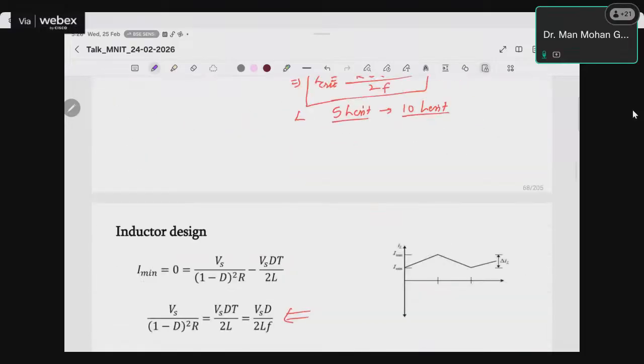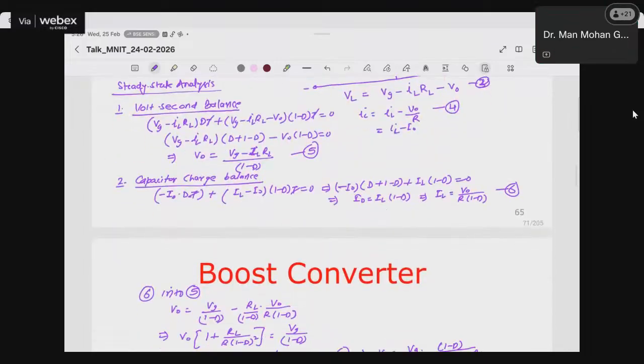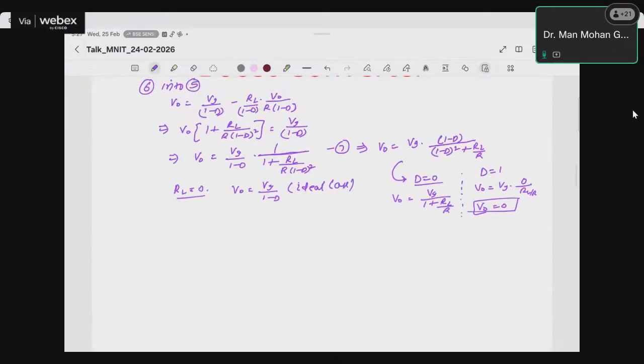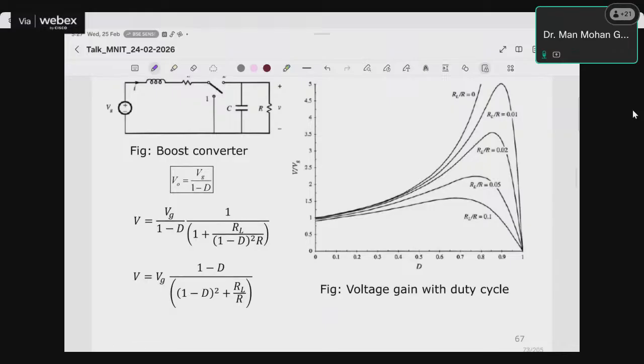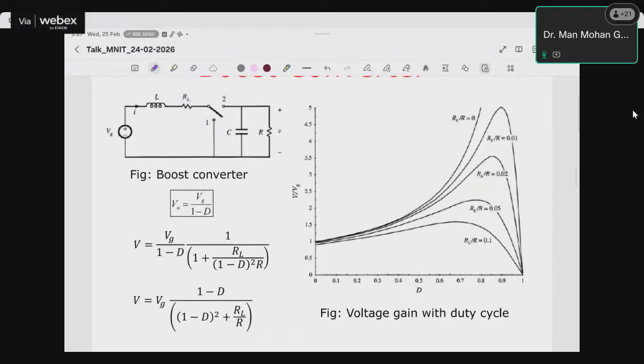But here what we are seeing is that if the duty cycle is 1, then the output voltage becomes 0 in the non-ideal case. It means that in the presence of non-idealities, the output voltage is not infinite. It is restricted. So this same thing I have plotted here. You can see this, right? This is the expression we have just arrived at. If we put d equal to 1, then it is 0.